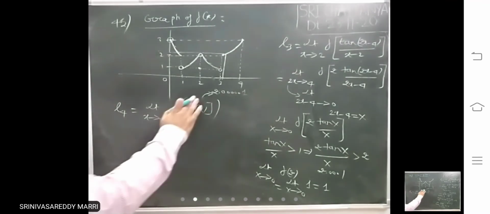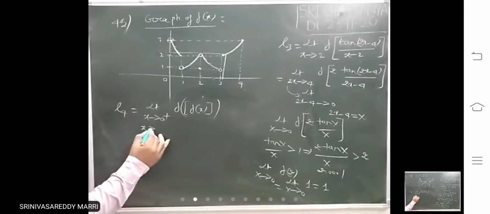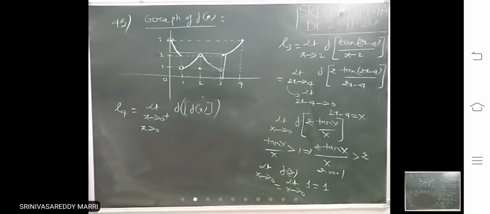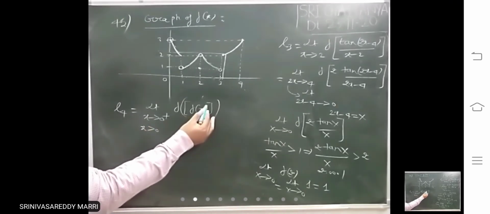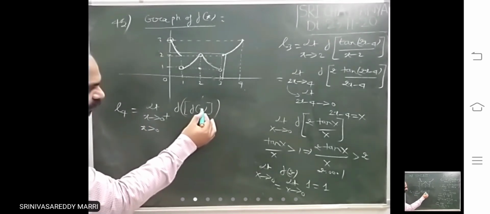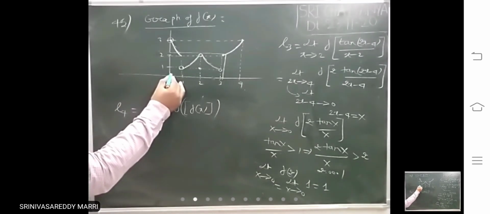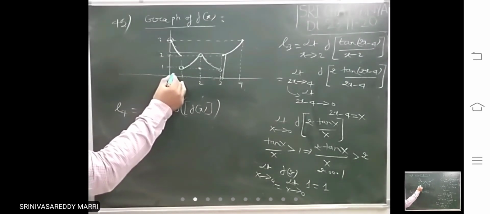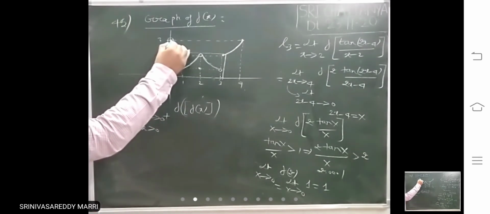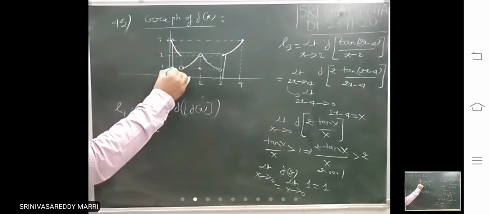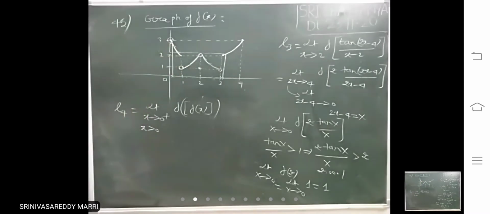Now this is x greater than 0, x is just greater than 0. 0 plus means x is like 0.0001. That value you have to calculate. Just greater than 0, the f of x value is somewhere here. Just greater than 0 means it will be just less than 3.